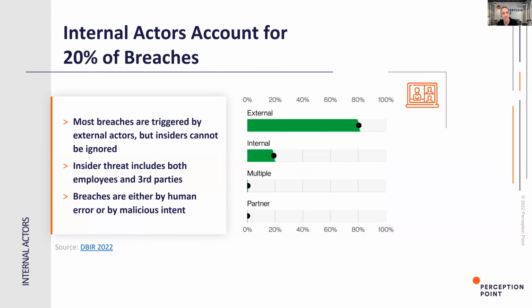And third is the other aspect we didn't talk about today yet, I think, which is insiders, right? The internal actors. So when you look at breaches, it's not just about the external attack, the cybercrime, and so on, but also a disgruntled employee, or human error, or a third party that has access to your systems.